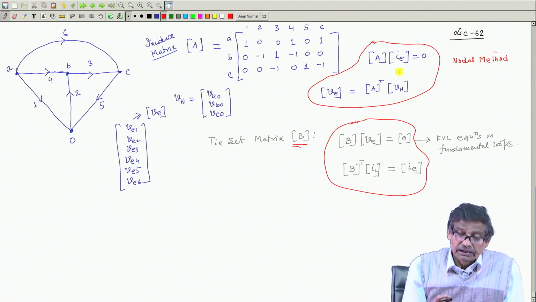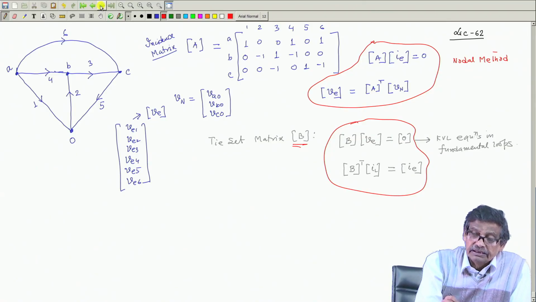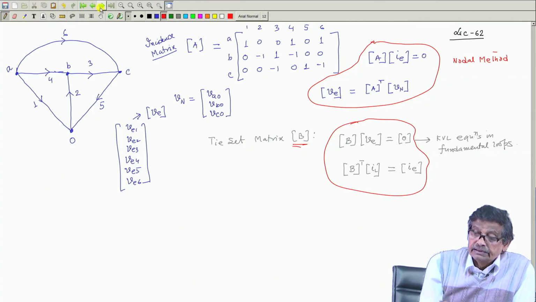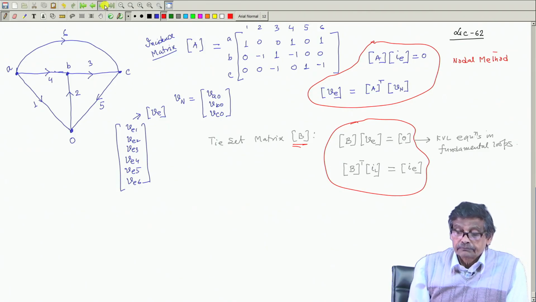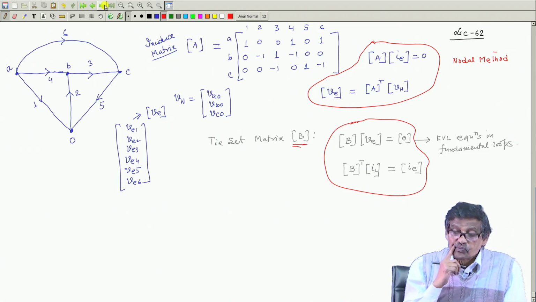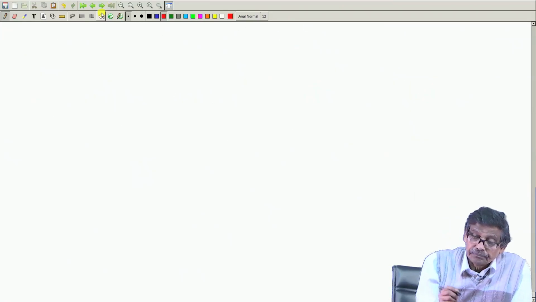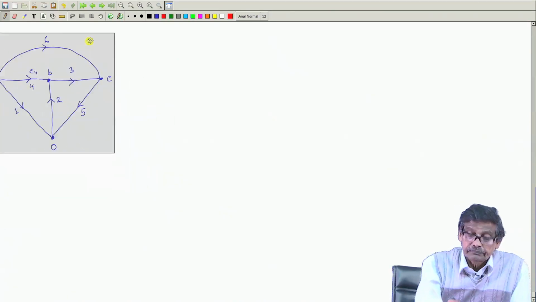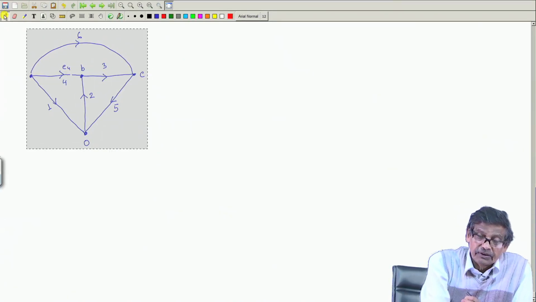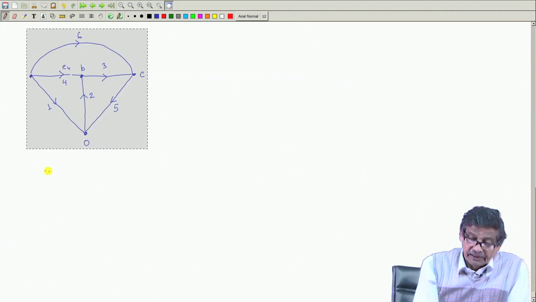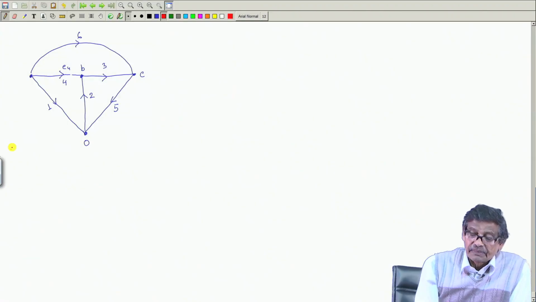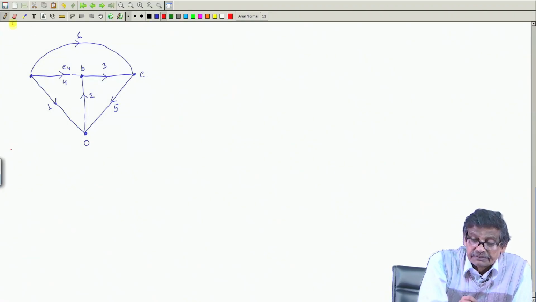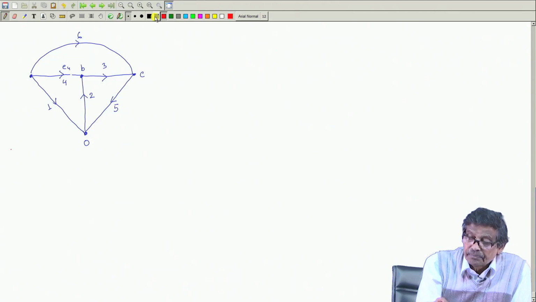Now, today what I am going to tell you is another matrix, that is called the Cutset matrix. This is also very interesting.